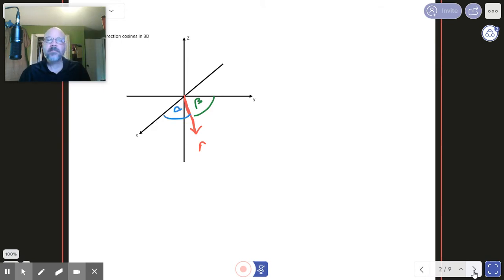Just like this. Now, let's suppose for just a second that we didn't know that the vector lay in the XY plane. Let's suppose that we only know alpha. So maybe alpha is 30 degrees. That's all we know about this thing. What would that tell us?